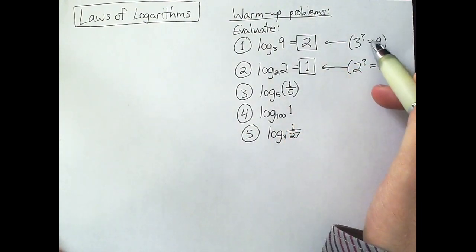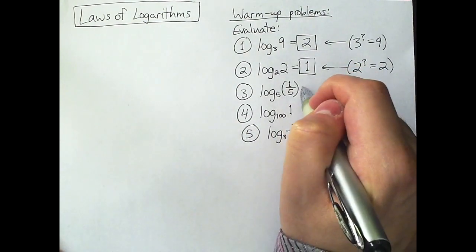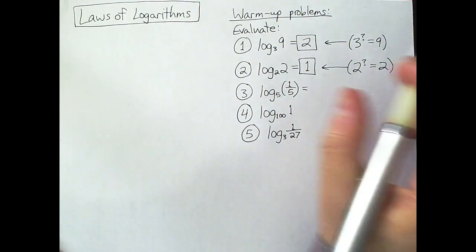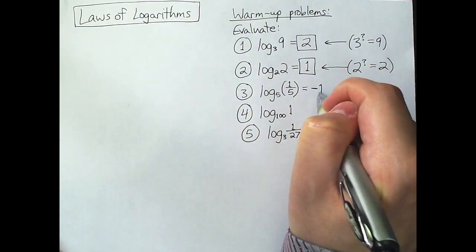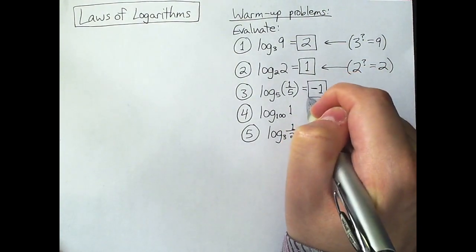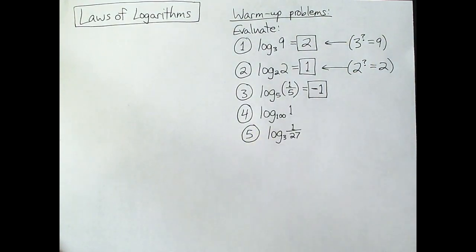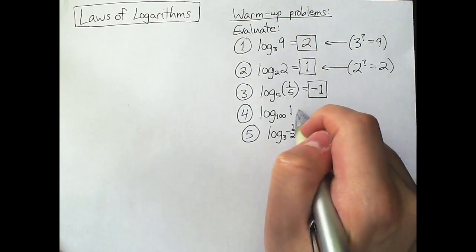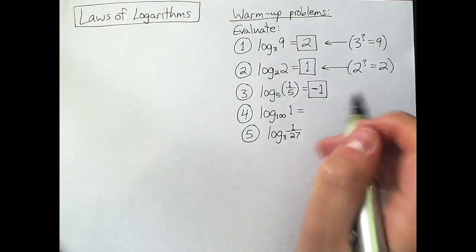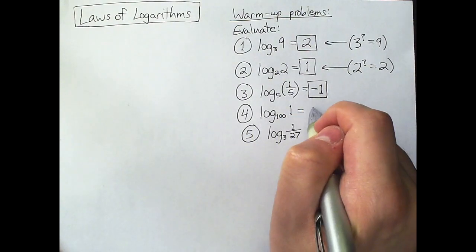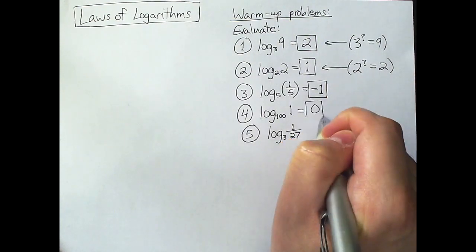And I don't think I'm going to write this for all 5 of these. Next one, you should get an answer of -1. Again, because you could think of it as an exponent. 5 to the -1 is 1/5. Number 4, we would use that fact from last time that says when you do a log of 1, you always get 0, no matter what the base is.